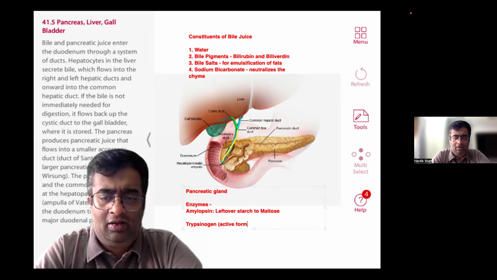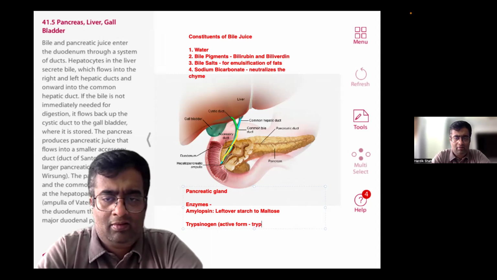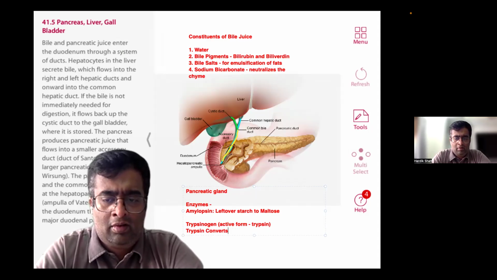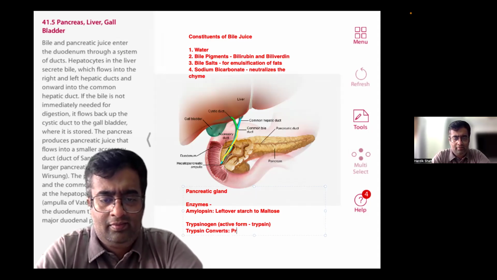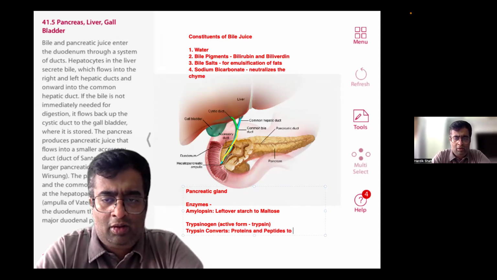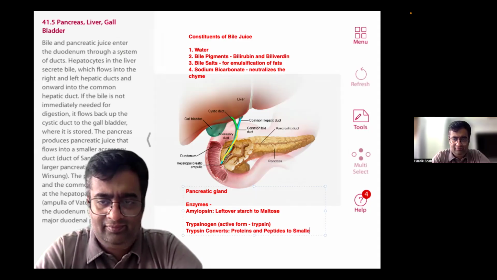Its active form is called trypsin. And trypsin converts proteins and peptides to smaller peptides and amino acids.